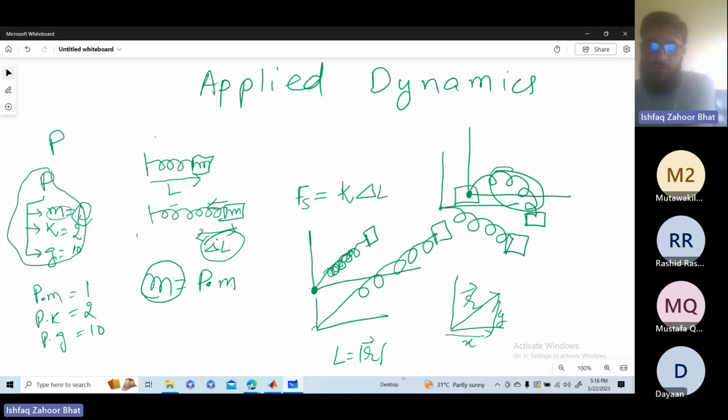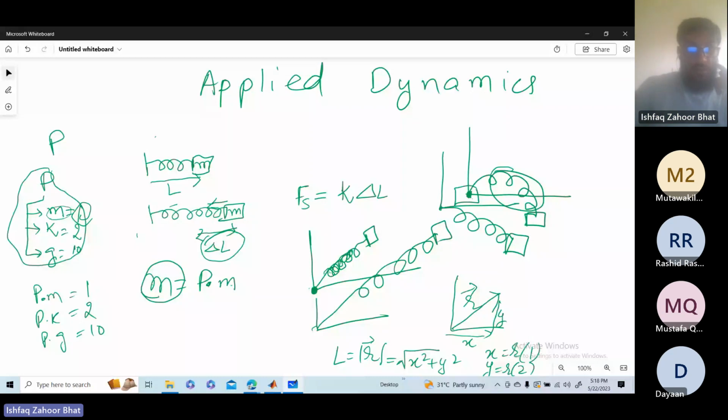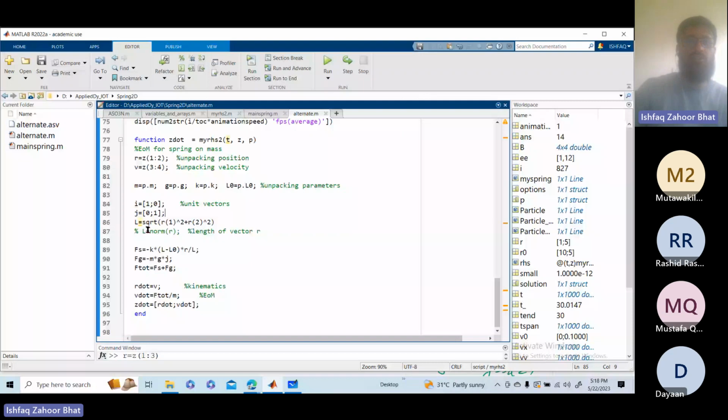If x and y are the two components, it is the square root of x square plus y square, where x, in MATLAB terms, is the first component of R, and y is the second component of R. That is what I am writing here: R of 1 square plus R of 2 square, and I am taking the square root of this. So if you are not happy with the inbuilt function norm, you can also write this square root. Is it okay now?